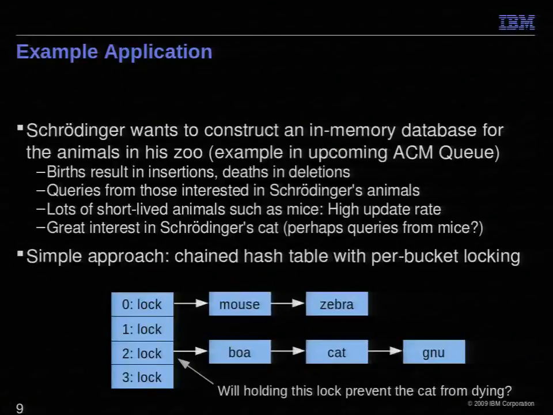So, those of you who said that we do have a mutual exclusion mechanism, I've got another question for you. Will holding this lock right here prevent the cat from dying? If that really did work, I think I'd acquire my lock. So it depends on what you mean by mutual exclusion.